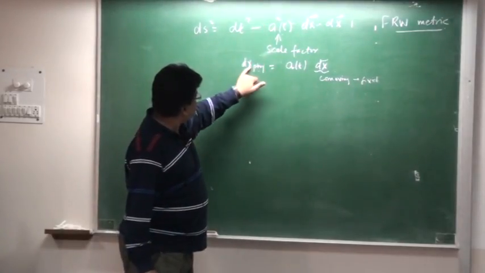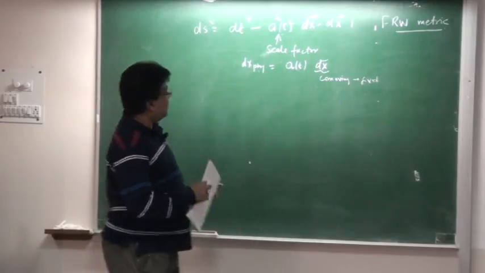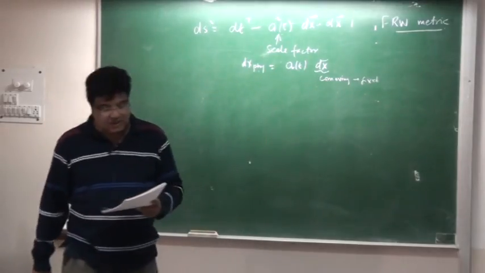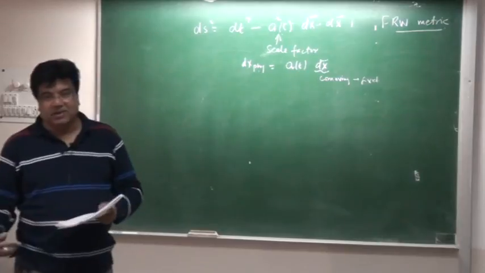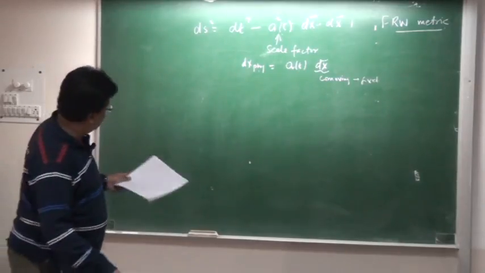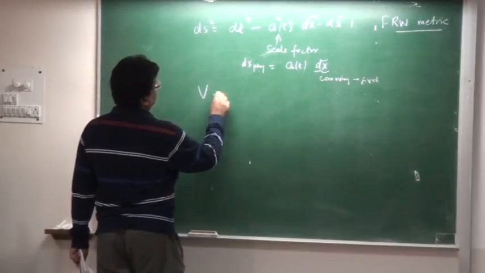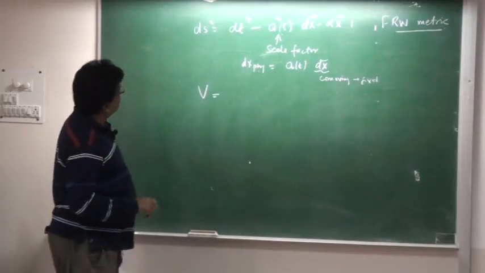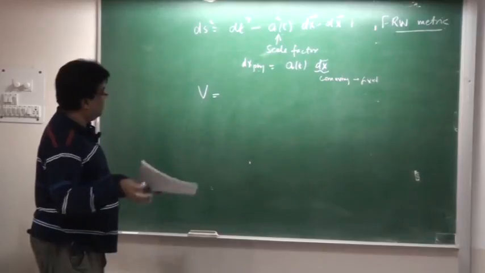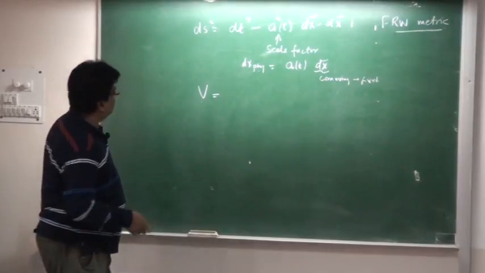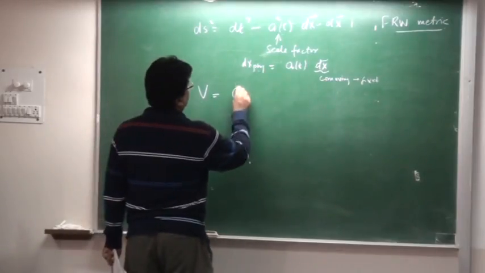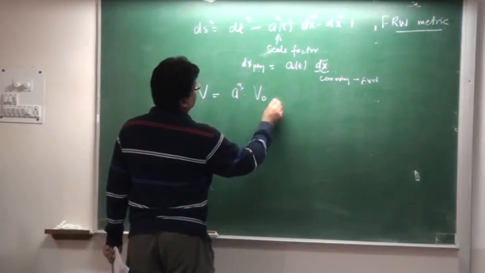And how this a changes with time comes from Einstein's equation, which I'll cover later. But right now the point I want to make is that the volume of any confined number of particles always grows as a cubed times some V0.